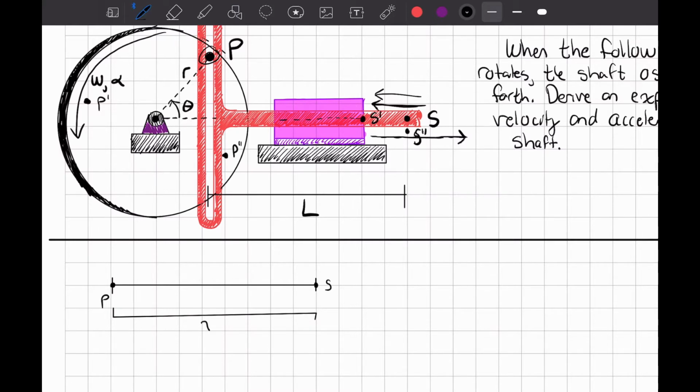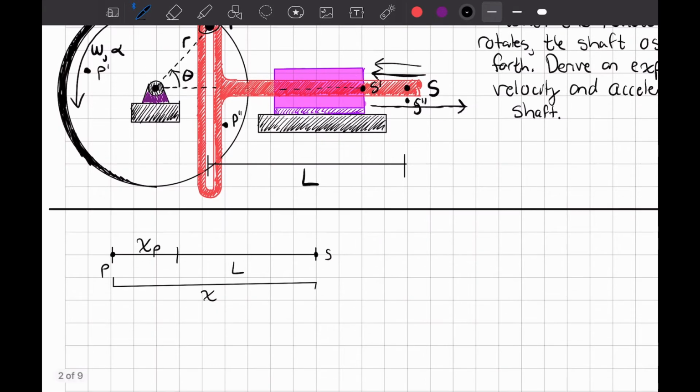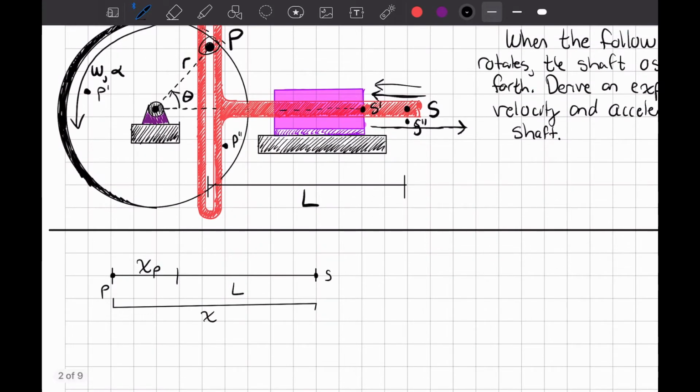We'll call that distance X. And X is going to be the contribution of L, the distance from the end of the rod to the vertical portion of the shaft, plus this little component called XP. And as you can probably see from the geometry of this problem, XP is just going to be equal to R cosine theta. So that consequently makes X equal to R cosine theta plus L.